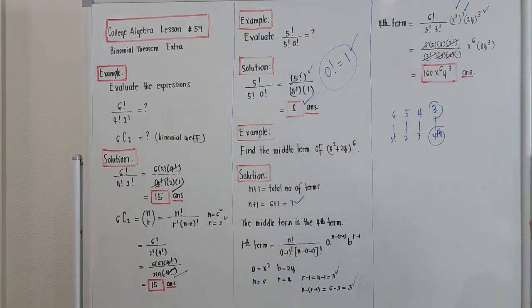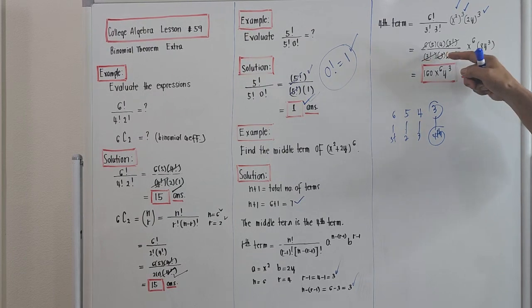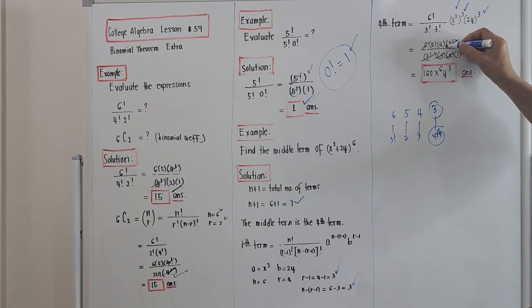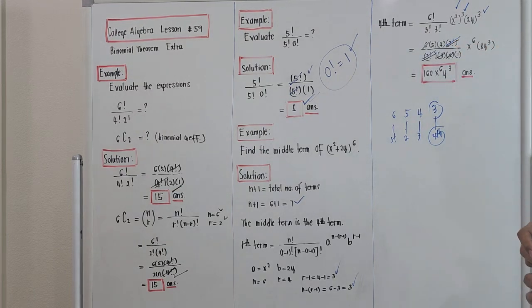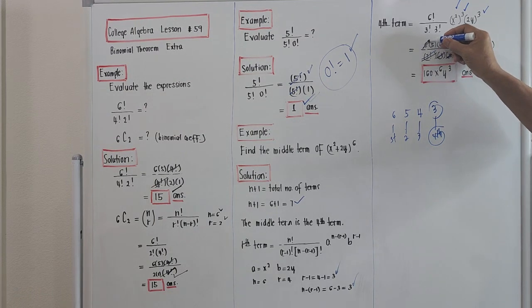And simplifying this one, 6 times 5 times 4 times, we stop at 3 factorial. There is 3 factorial at the bottom. Then we try to expand the second one. Because I am thinking of cancelling this 3 factorial here, cancel with this. And this 2 and 3, 6, cancel with this.